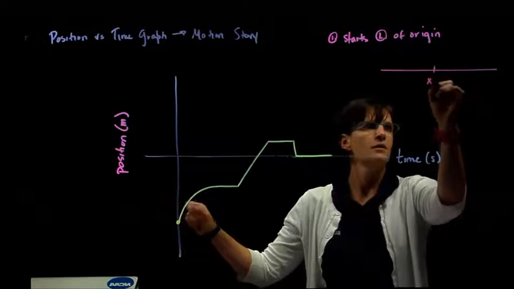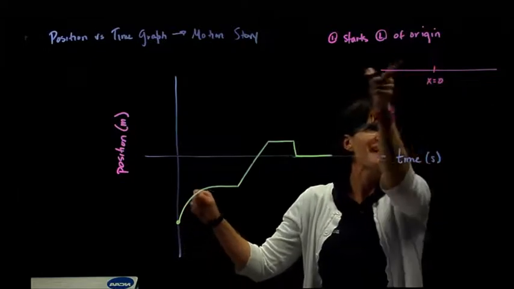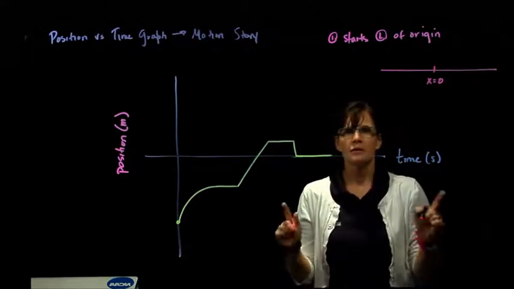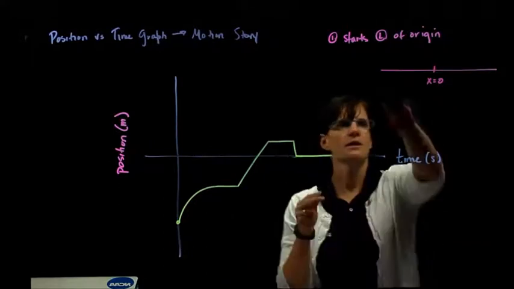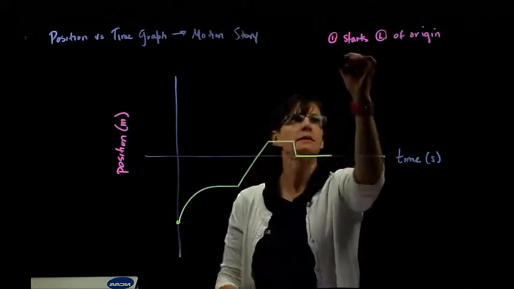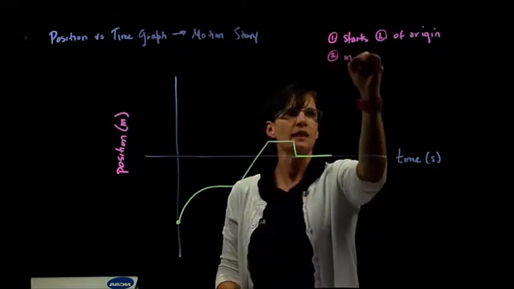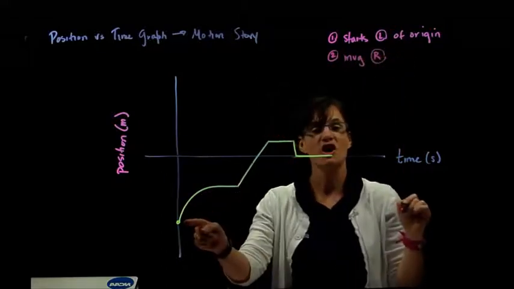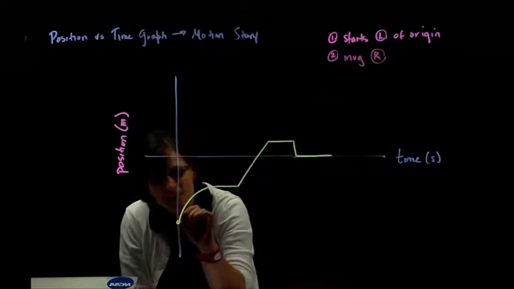If this is the origin and I start over here moving towards the origin, I'm moving to the right. So I'm starting left of the origin and I start moving rightward. I have a tiny little slope here.